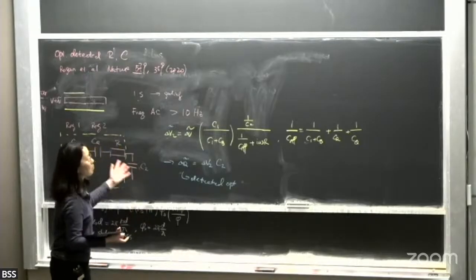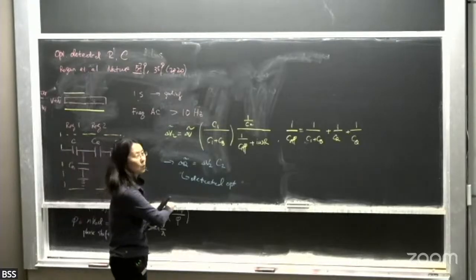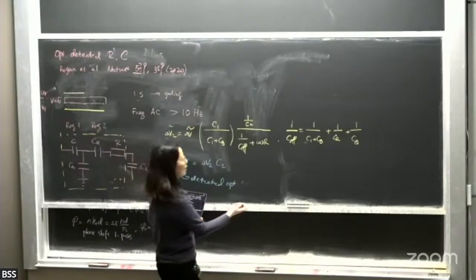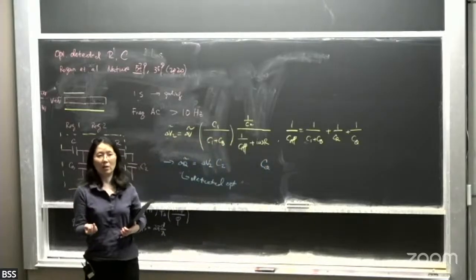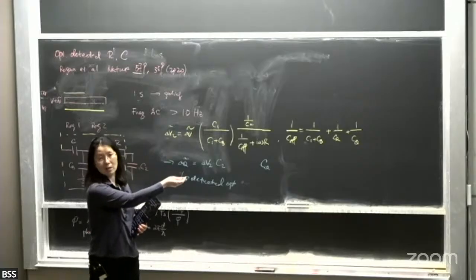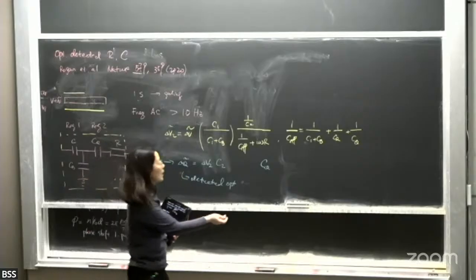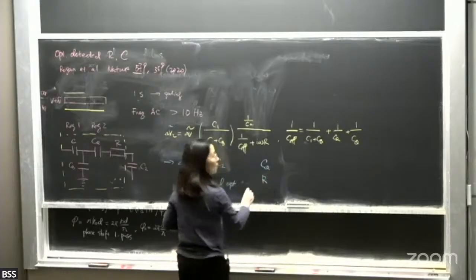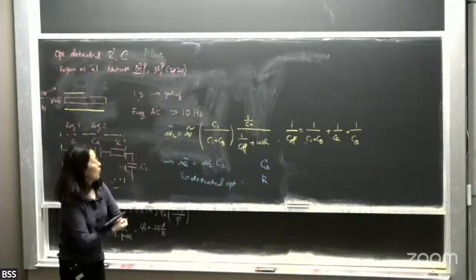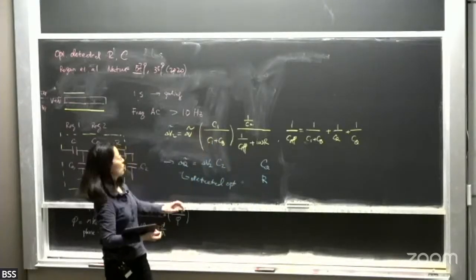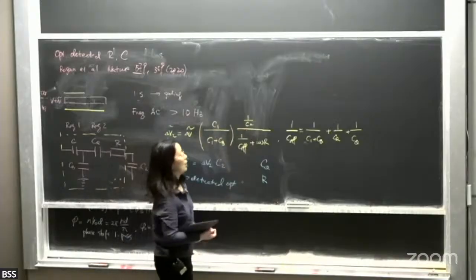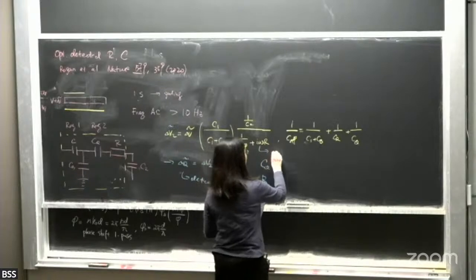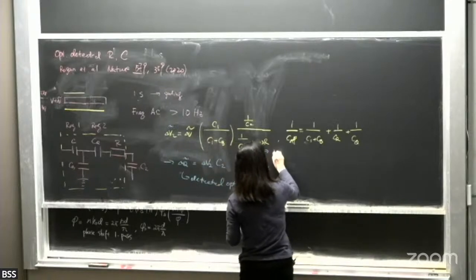And so the quantities we are interested in, one is the CQ, the quantum capacitance, which is density of states times e squared, right? And the other one is the resistance. So if you look at this expression, let's forget about this. What's important is here. Omega is the AC frequency.